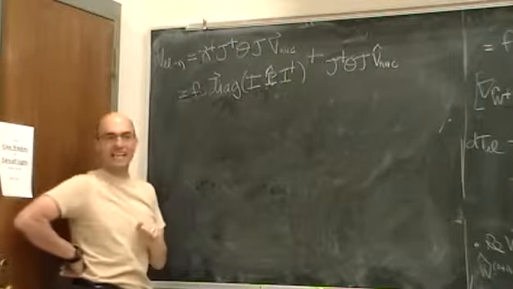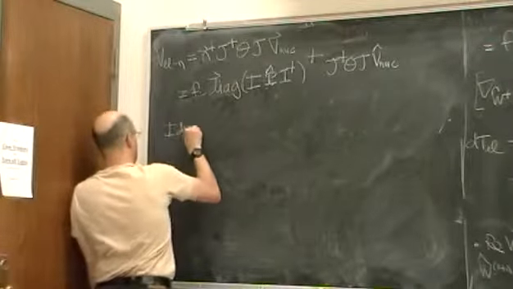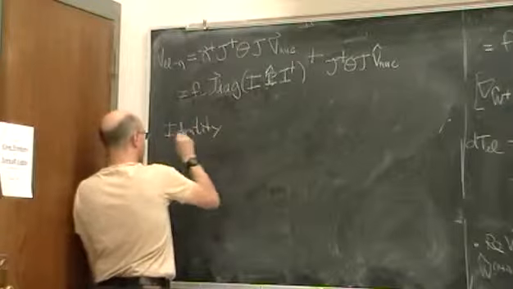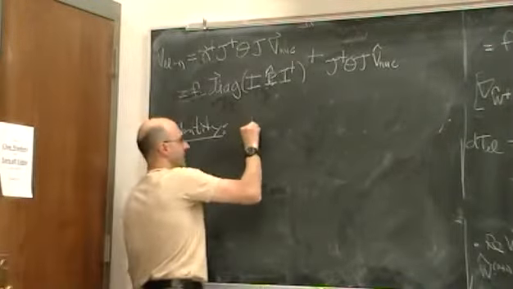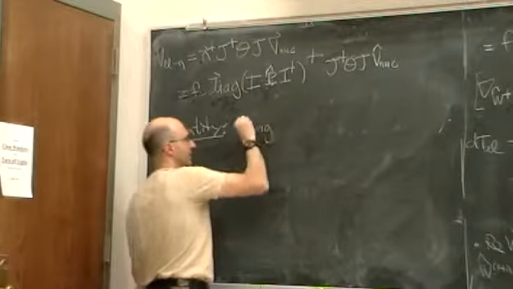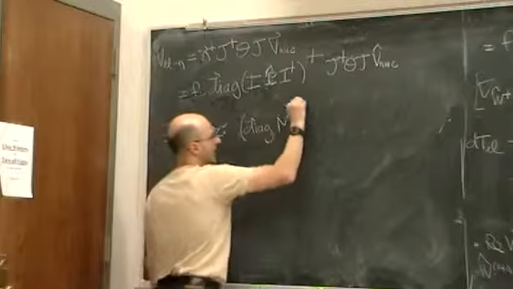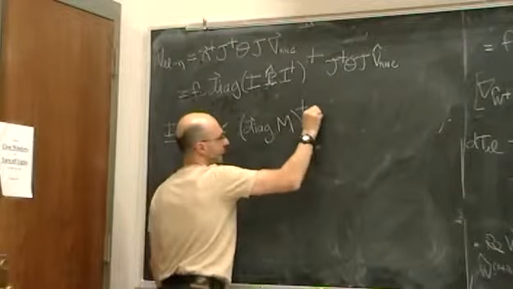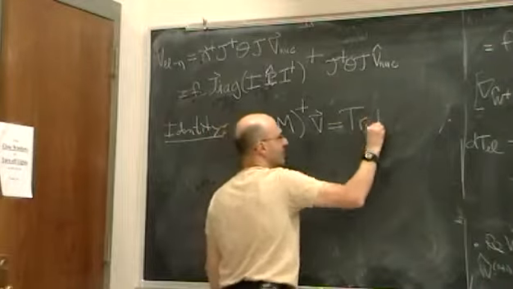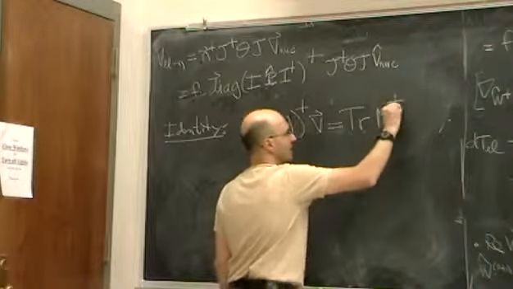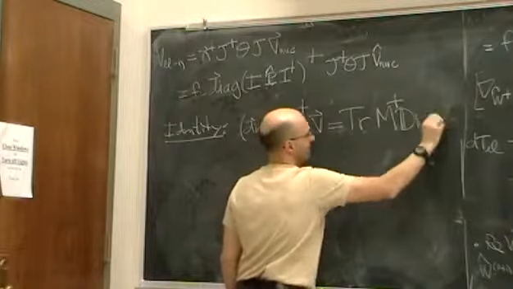But there's one handy identity. This is the last kind of tricky thing that's very handy in this language that you need to know. And that is, if I have the diagonal vector extracted from some matrix M, and I dagger it into a vector V, believe it or not, that's the same thing as the trace of the conjugate of the matrix times the matrix diagonal, the diagonal matrix composed out of the vector.